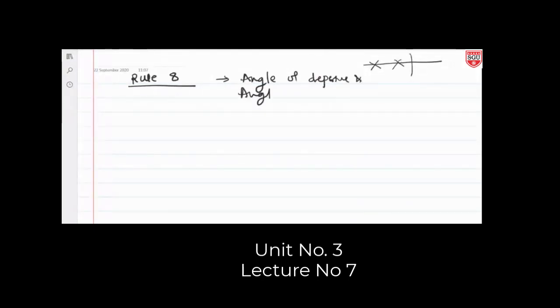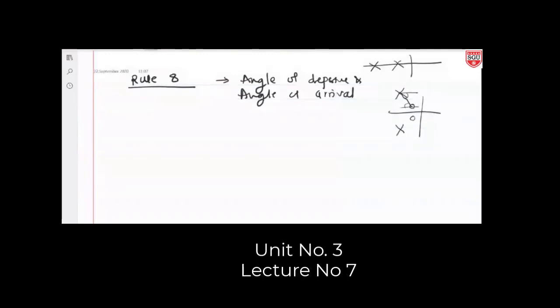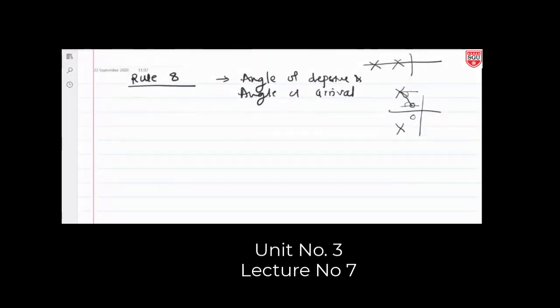Suppose poles are somewhere here and some zeros are here. From a pole, the branch will start and end at the zero in the complex plane itself, and we have to determine the angle of departure, and at the zero, the angle of arrival.